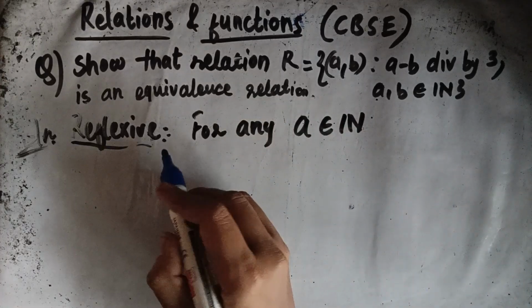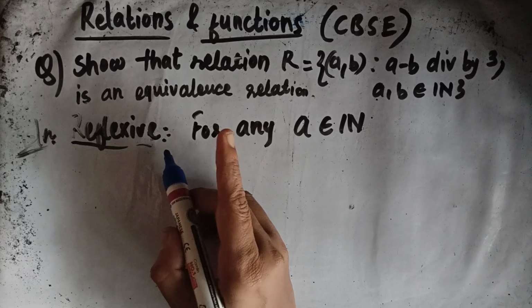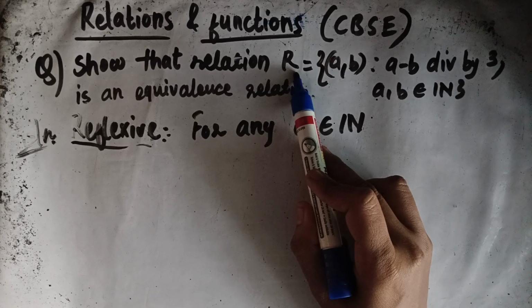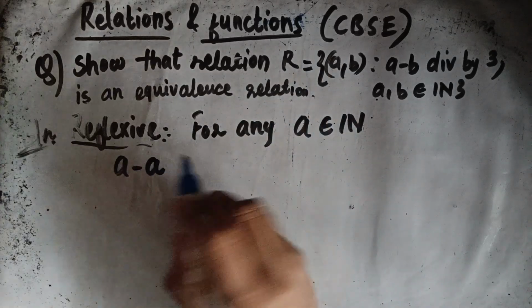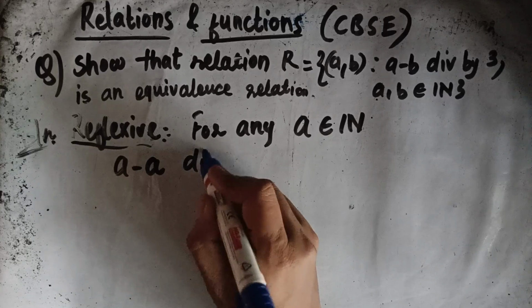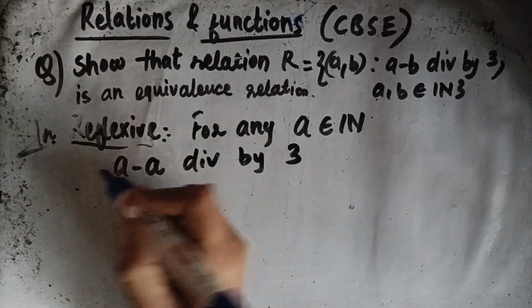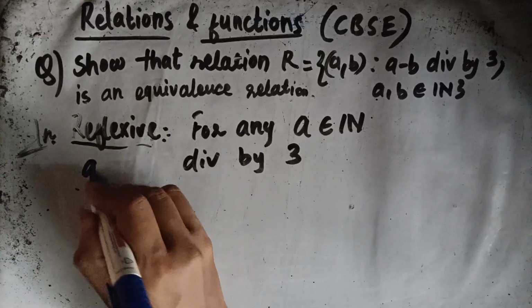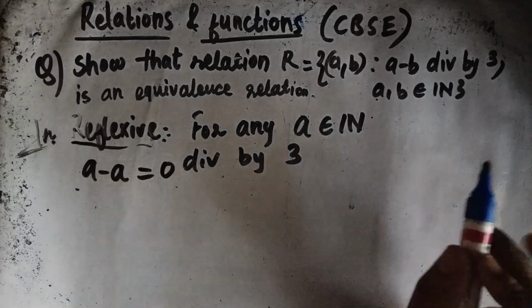I'm taking one element in the form (a, a) from R. So we can write this as a minus a is divisible by 3, correct? a minus a is 0, which is divisible by 3.